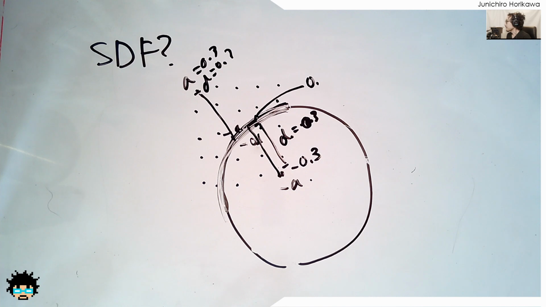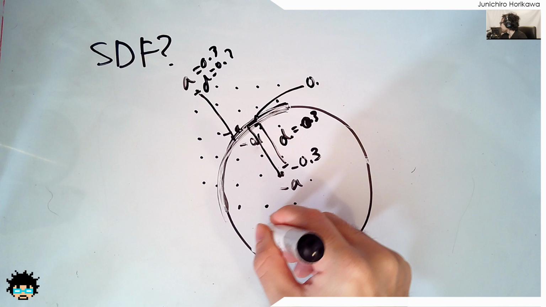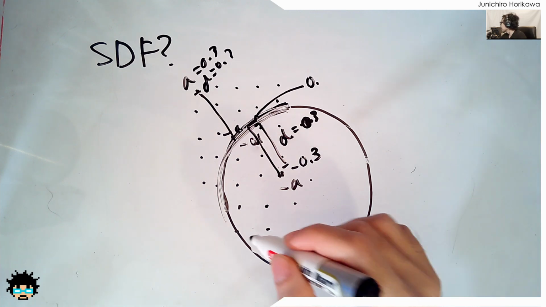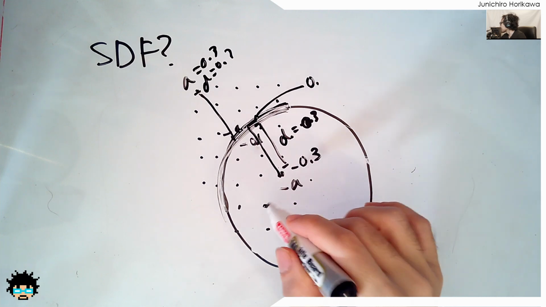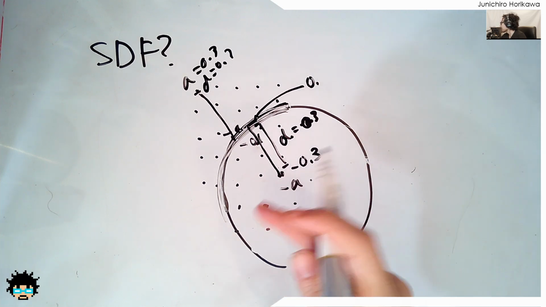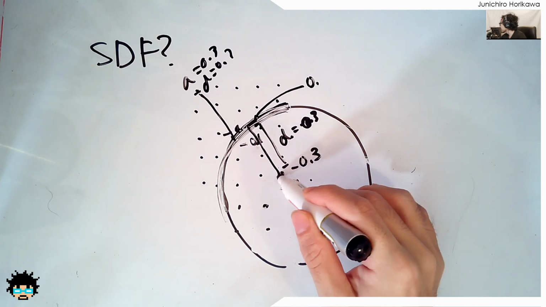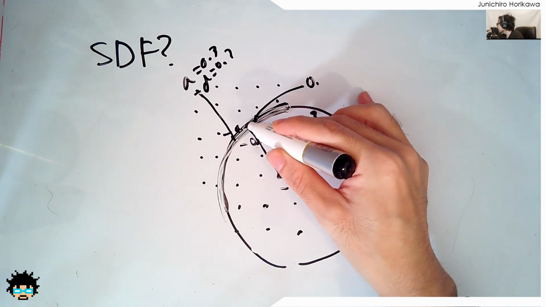And there's also another piece of data you can retrieve from the voxel point on an SDF volume, which is the gradient information, the directional value showing which direction this point is going to be attached to the closest surface. So in this case, for this point right here, the closest point on the surface is right here.